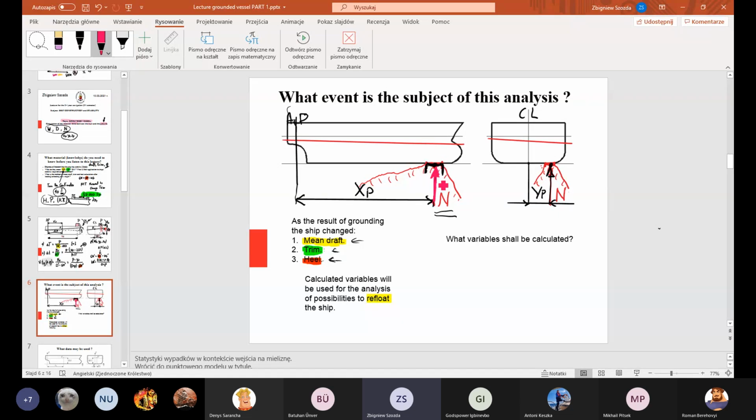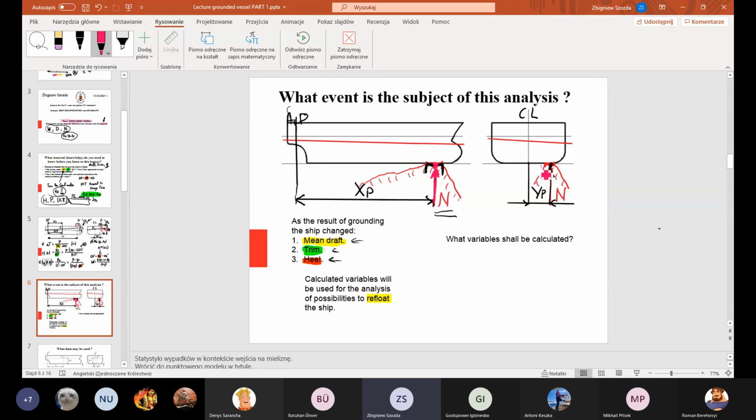The force is acting upwards on the ship, on the hull, and there are two sections. In the longitudinal section I show you the force and point of action in the longitudinal plane: how far the point of action of our force, imaginary force, is from the aft perpendicular, it is xp.